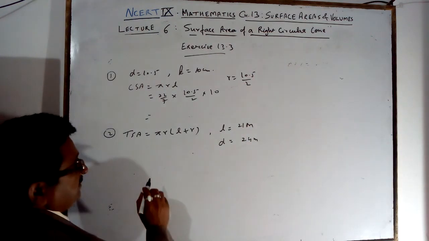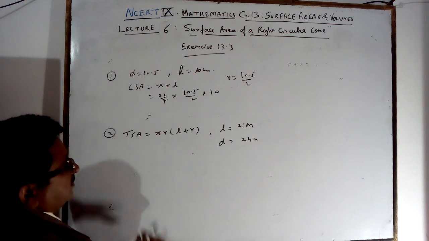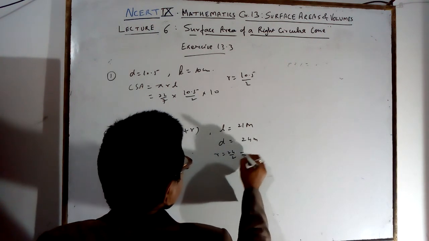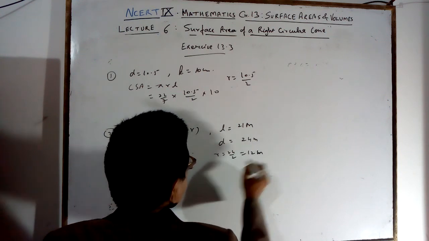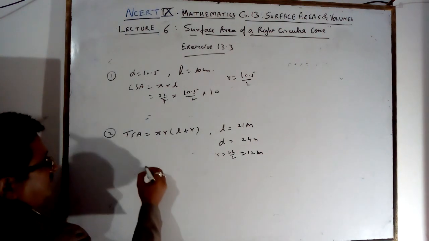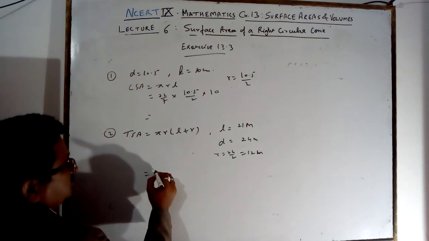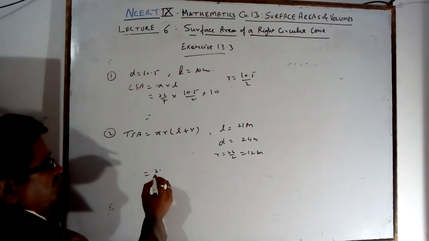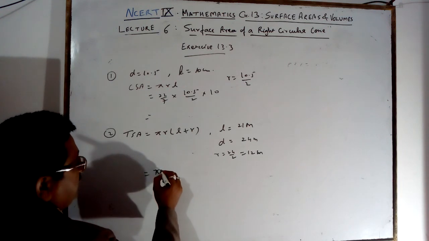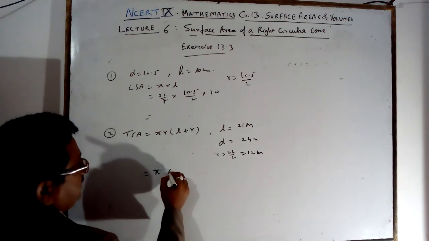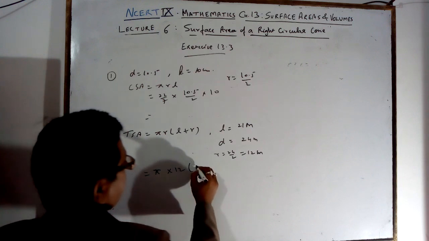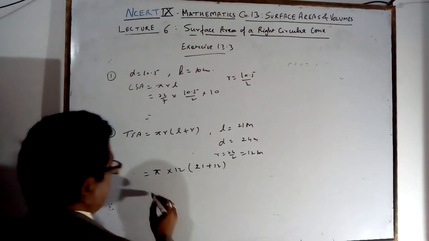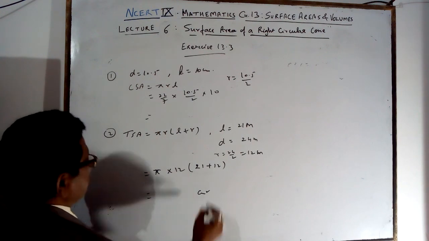So radius is equal to 24 by 2, 12 meter. Here you will put the values: radius 12 meter, pi times r into l plus r, that is 12 into 21 plus 12. You find that out and get the answer in meter square.